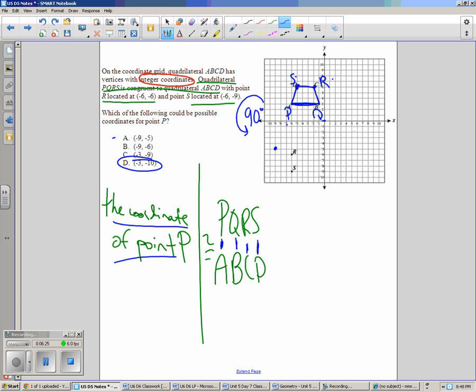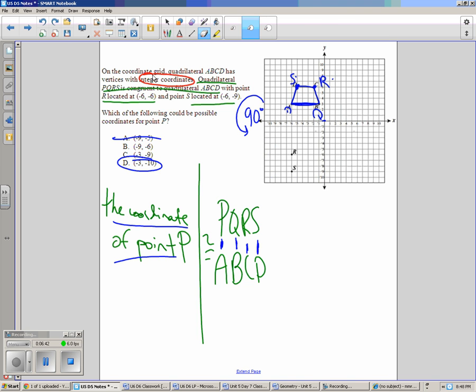Could that be P? Well, no, it can't, because that would mean Q is over here. And instead of being PQRS, this would be PQSR if you go around the figure. So that's not possible. Bad option.